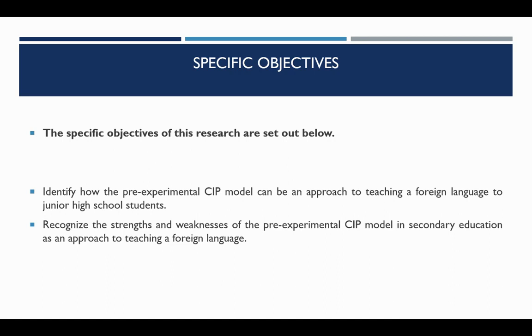First of all, identify how the pre-experimental CIP model can be an approach to teaching a foreign language to junior high school students. Second of all, recognize the strengths and weaknesses of the pre-experimental CIP model in secondary education as an approach to teaching a foreign language.